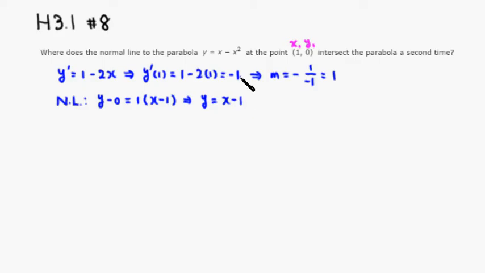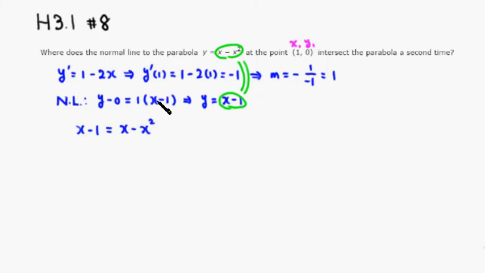Then we just have to find the intersection between these two, so we set them equal to each other. We have x minus 1 is equal to x minus x squared.